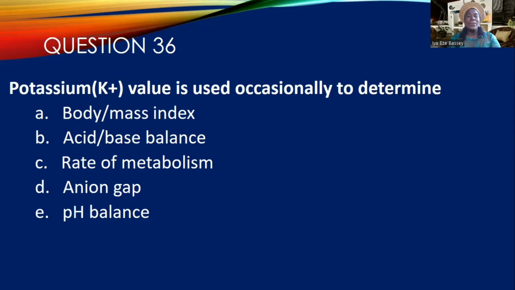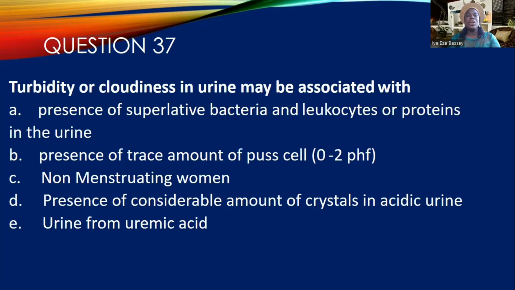Why I say anion gap is because there are two types of formula for calculating anion gap. There's one that has only sodium minus chloride and bicarbonate, while there's another one that has sodium plus potassium minus chloride and bicarbonate. So you could actually use it occasionally to determine anion gap.